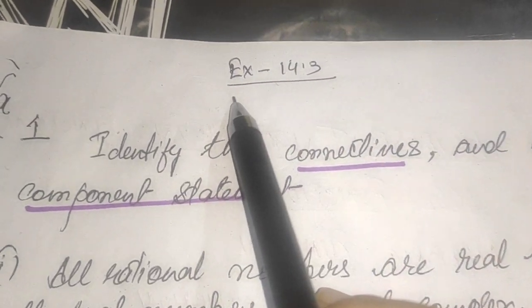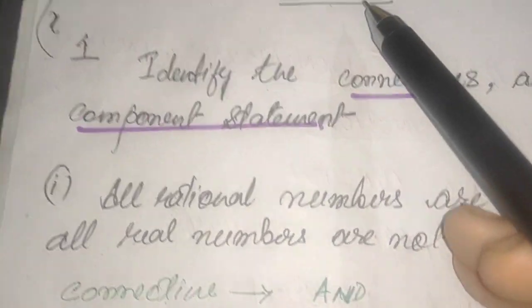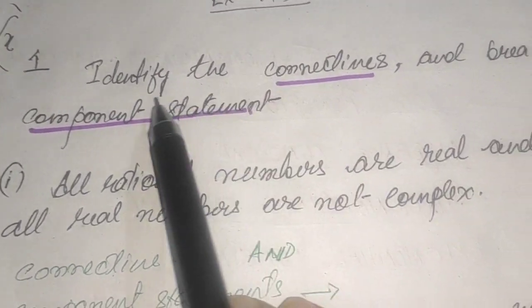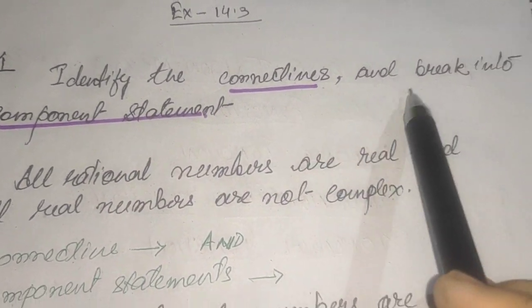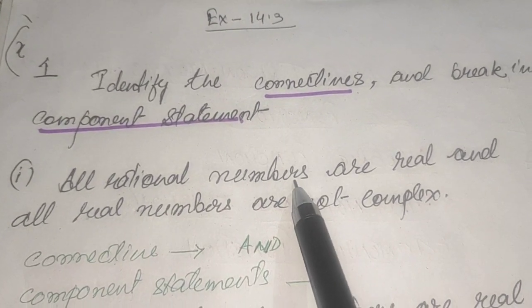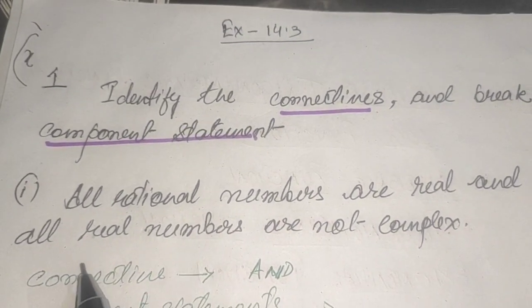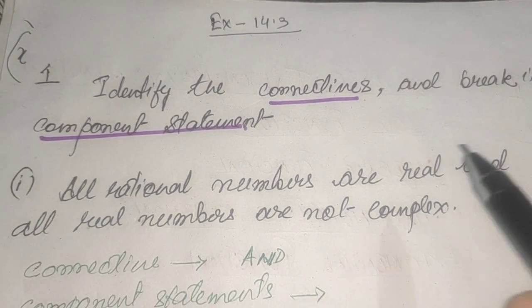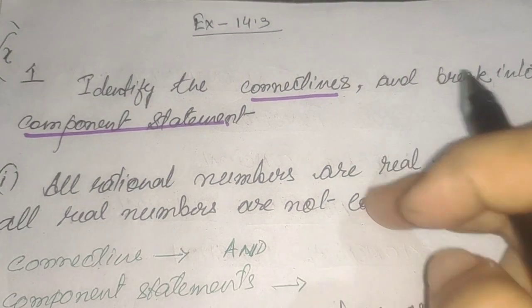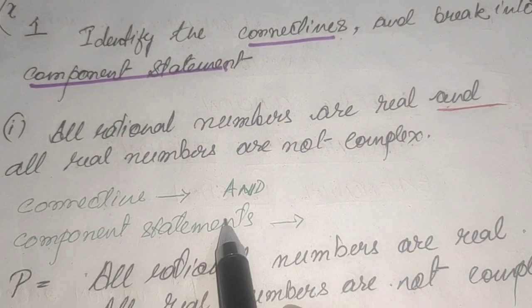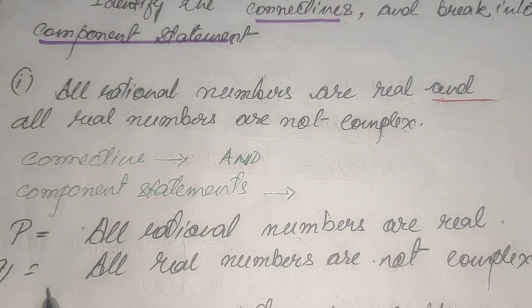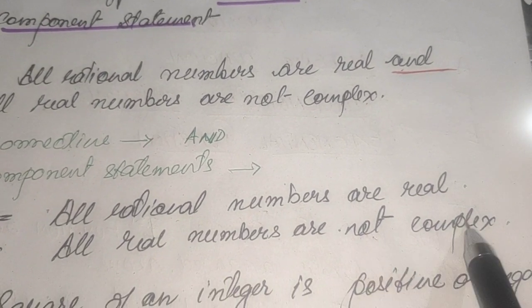Now here, exercise 14.3, we will discuss only two questions, question number 1 and question number 3. Question number 1, identify the connectives and break into component statements. All rational numbers are real and all real numbers are not complex. First of all, the connective here is and, and there are two statements. Component statement P is all rational numbers are real, and Q is all real numbers are not complex.